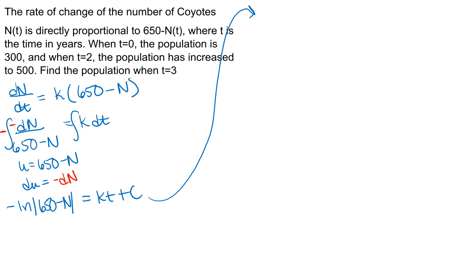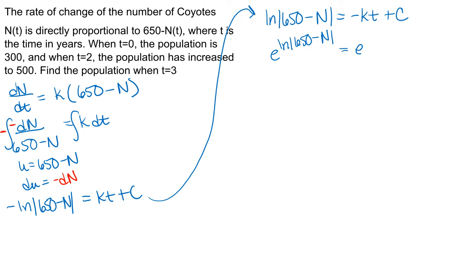Bring this over here so I get more room. I'm going to multiply both sides by negative 1. But negative 1 times a constant is still a constant, so I'm just going to leave that as plus c. Then raise e to both sides of the equation. The e and the ln cancel out.